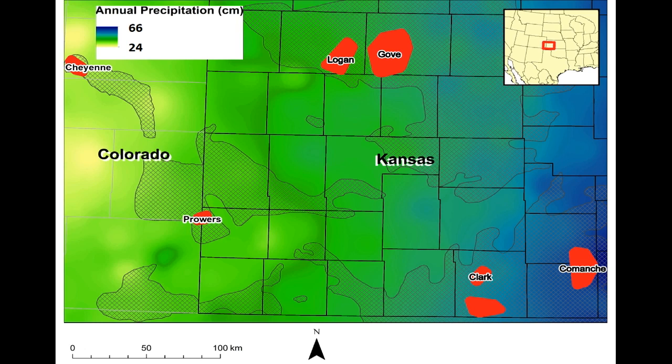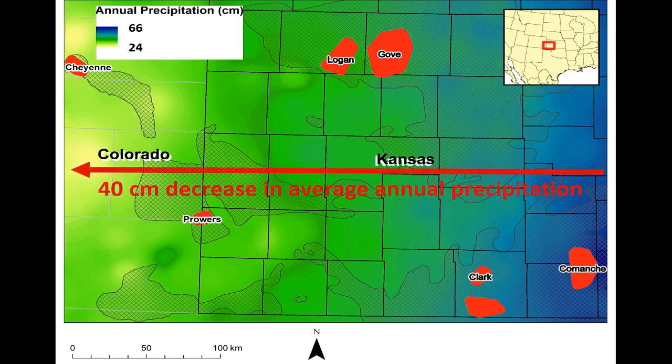So when we look at some of the regional climate effects on where a CRP field might be useful for lesser prairie chickens, it's important to point out that in Kansas and Colorado, we encompass a very large precipitation gradient moving from east to west, and it actually decreases 40 centimeters from east to west.